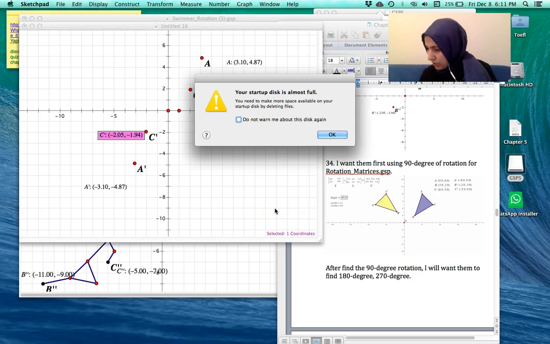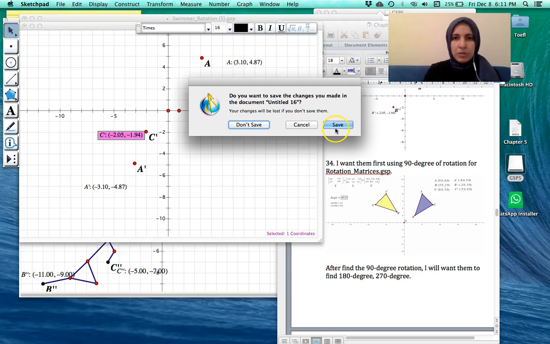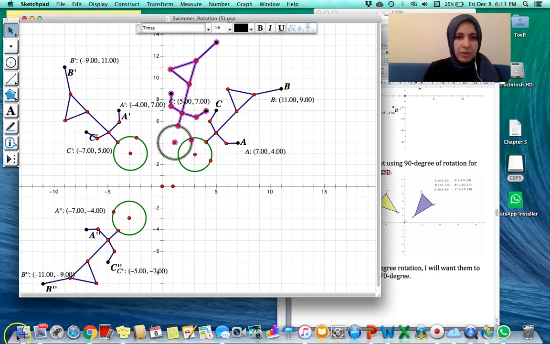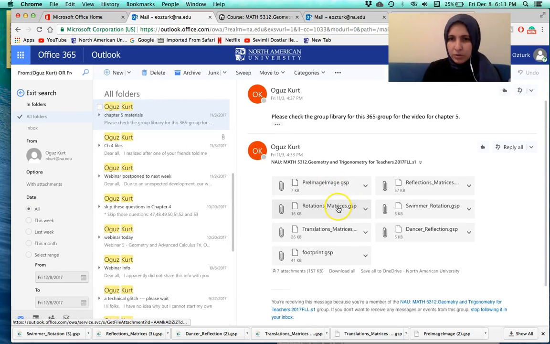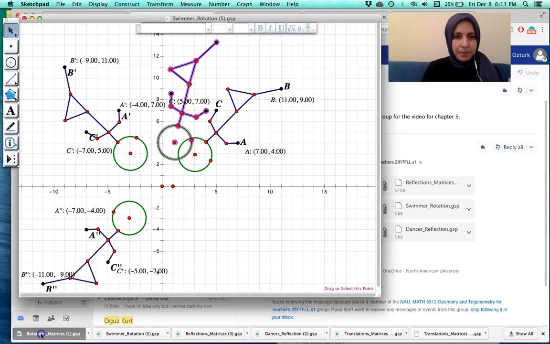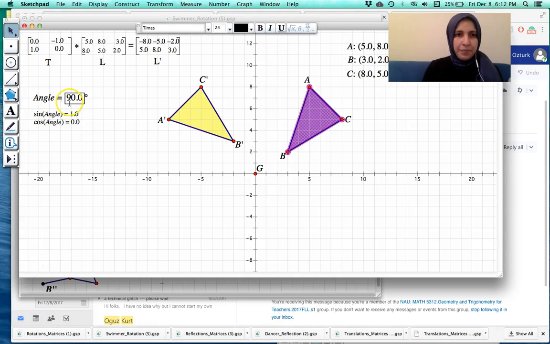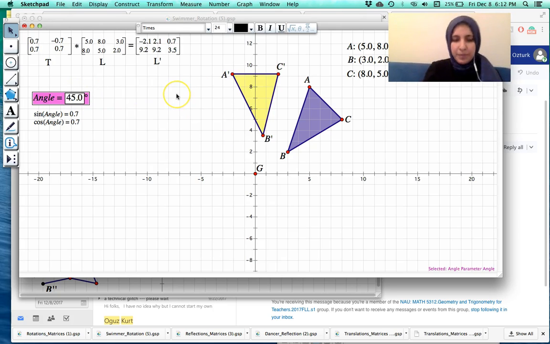What's my rotation matrices? Actually, it will be better to open another sketch, rotation matrices. Yes. If I write there 180, what about the 45 degree?